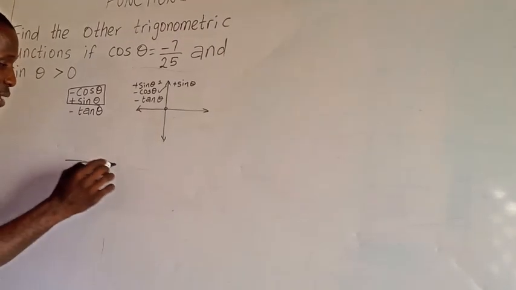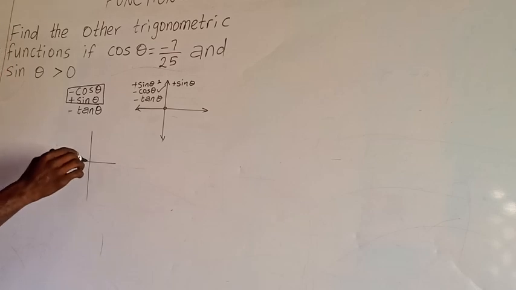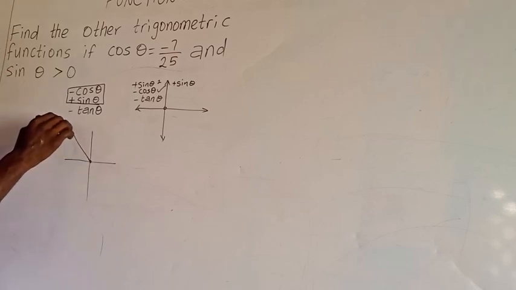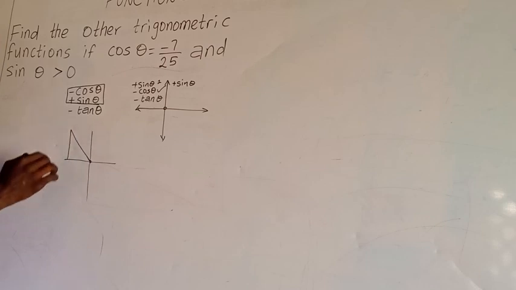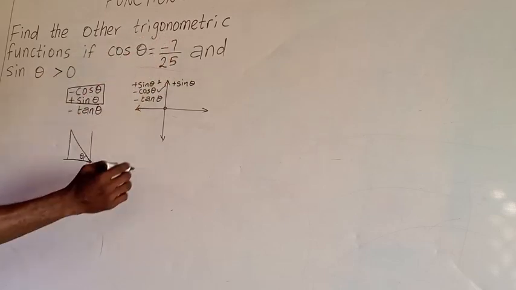Having said that, we have deduced where our triangle will be, so we can come to this side. Start from the origin. Always remember that to start from the origin, you draw your straight line to produce the triangle. Put your theta here with the origin. Having said that, we just drew the triangle. Now, the information from this question, we bring it out to use.